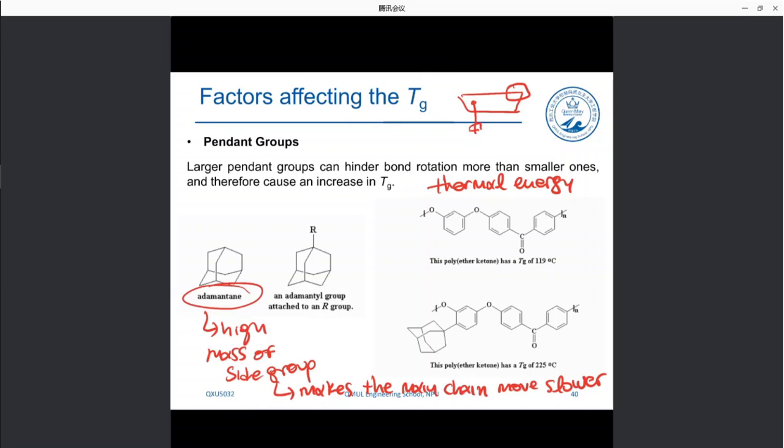Okay, so for a normal polyether ketone, PEEK, which has a high TG, 120 Celsius degrees, if you attach chemically this adamantane group to the PEEK, you can increase the glass transition by more than 100 Celsius degrees, okay? So you can realize how big the difference is just by adding a large group like this one.